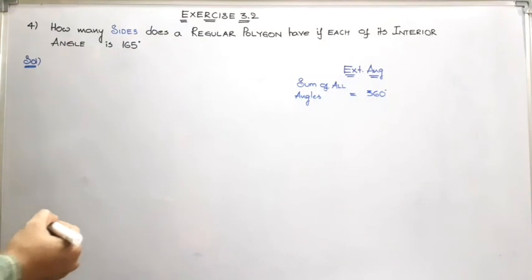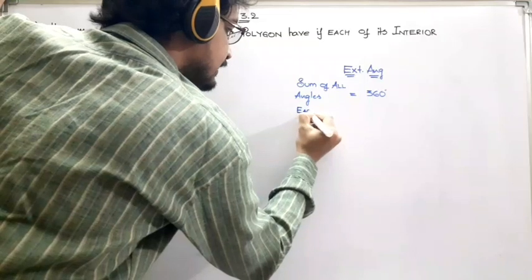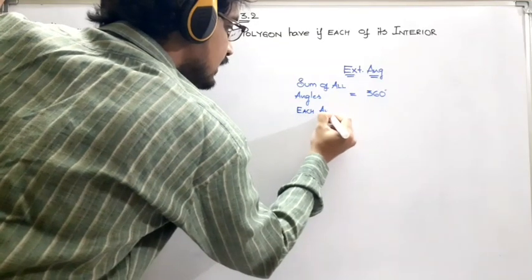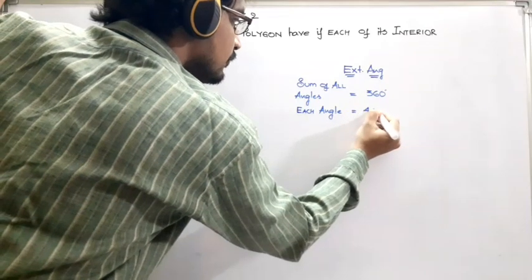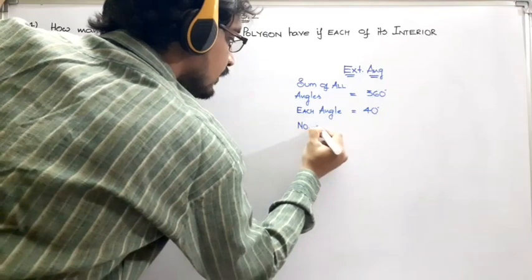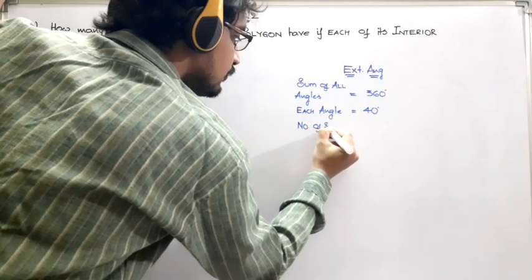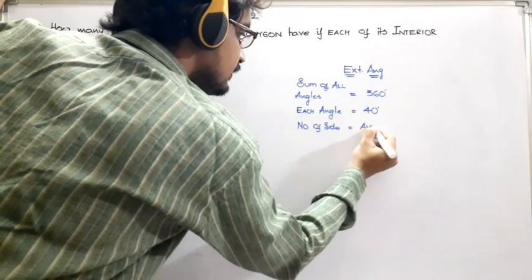In that case, if each angle is equal to 40 degrees, for example, then how do we get the number of sides? Number of sides is equal to all by each, isn't it?